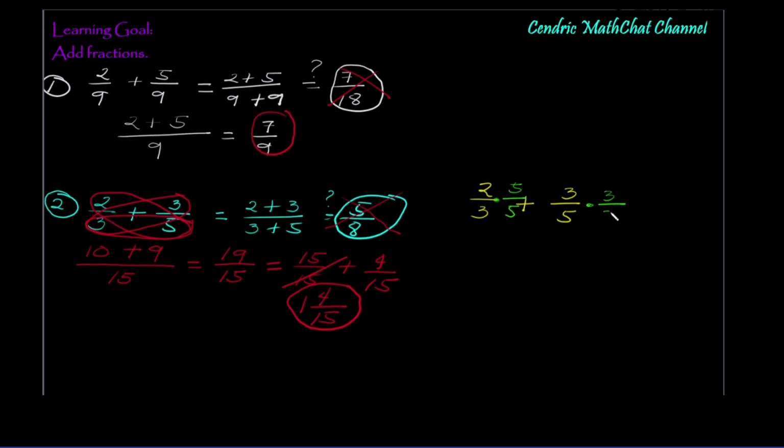Remember, this is 1. This is the same thing as 1. And each time you multiply a number by 1 would still be the same number.